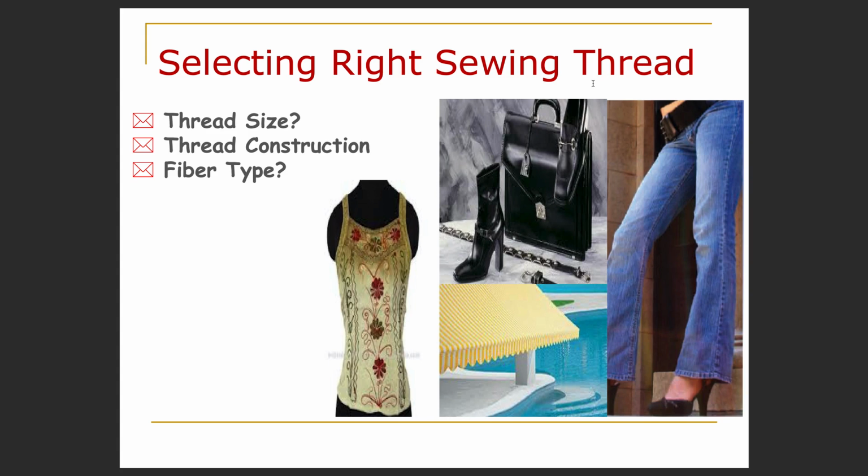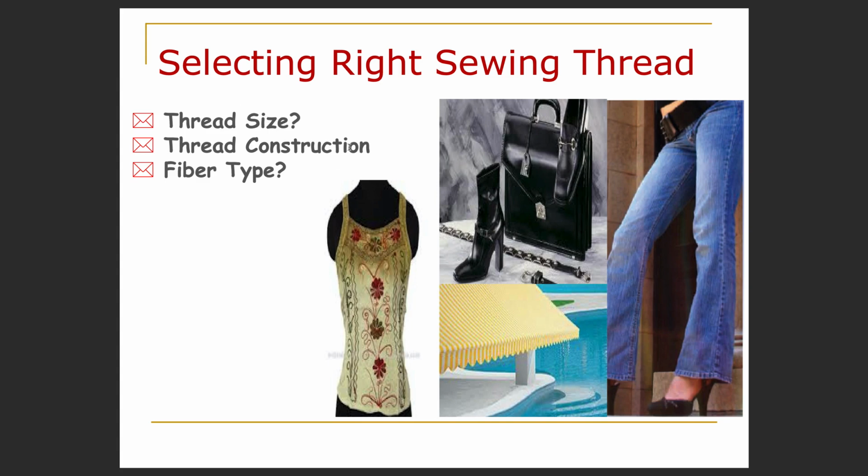The sewing threads have to be used, but then we need to select the right type of sewing thread as far as its size is concerned, as we just discussed, based on the ticket number. What size, what coarseness or fineness of the sewing thread should be chosen for the garment or the accessory?